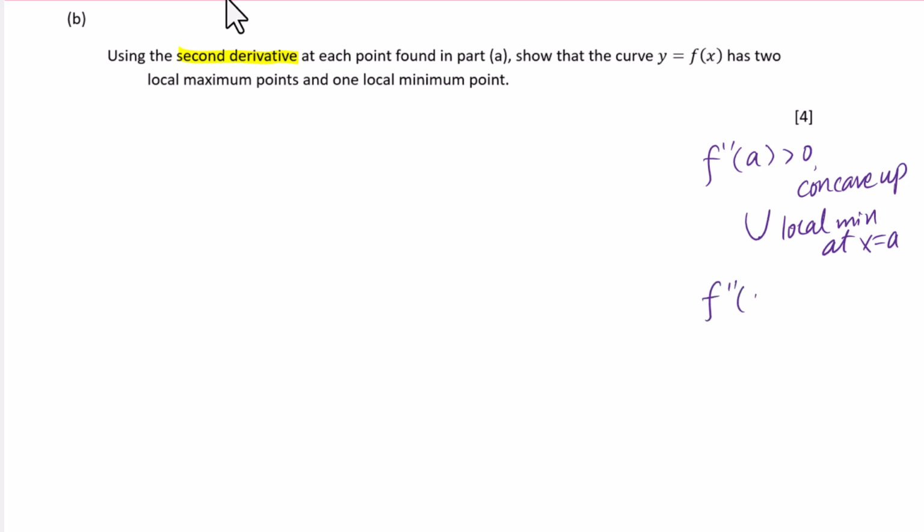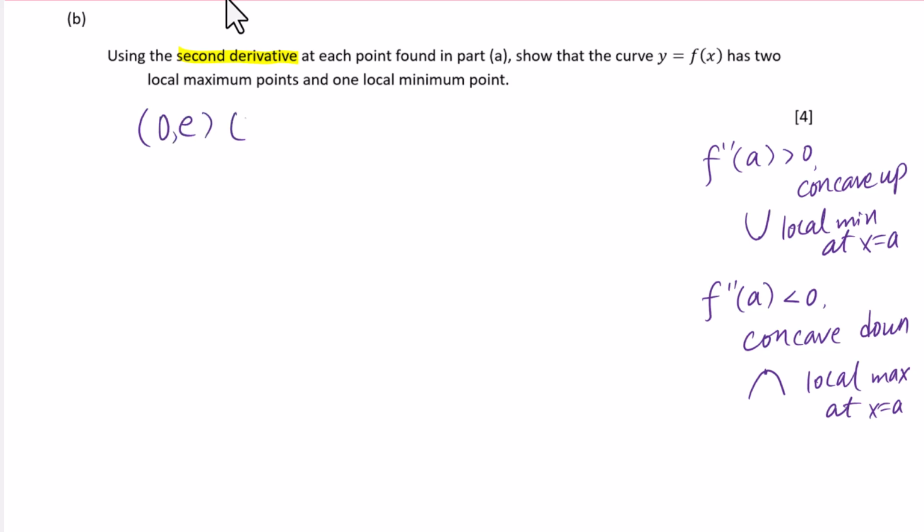F double prime of a less than 0, concave down, which means local maximum at x equals a. We got 3 points, 0, e, pi, e, pi over 2, 1 over e.